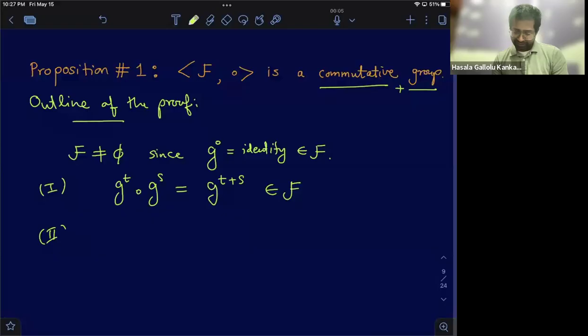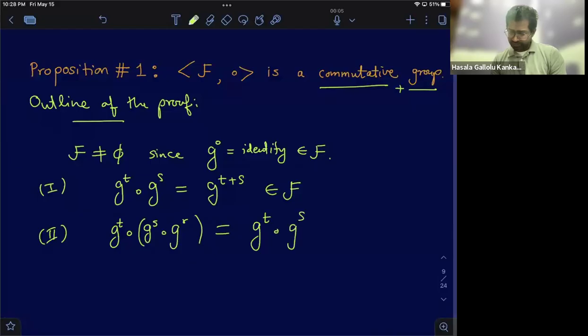And then when it comes to the second property, GT, GS, and GR, if you call it like that, right? The way of operating is going to give you exactly what is going to happen here. So GT and then G of S plus R right here, and then you apply it, it's going to be G of T plus S plus R, and then the associativity would occur right here.